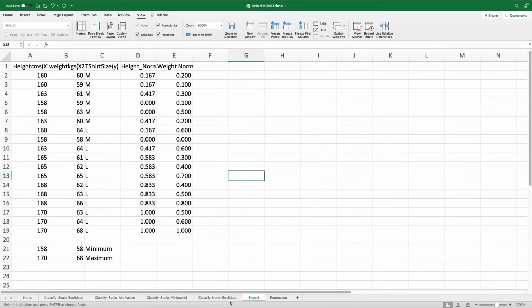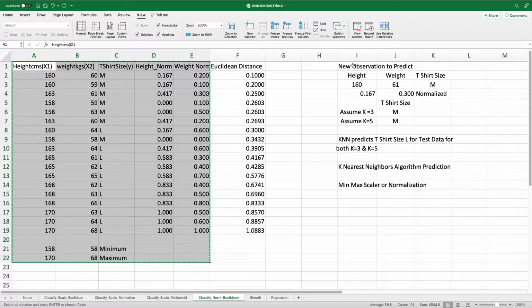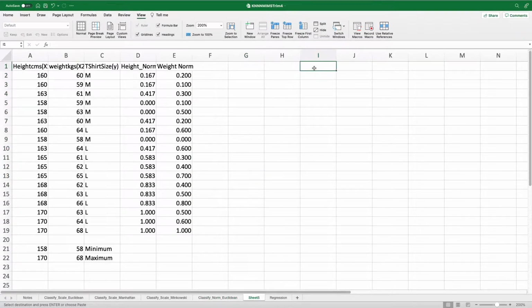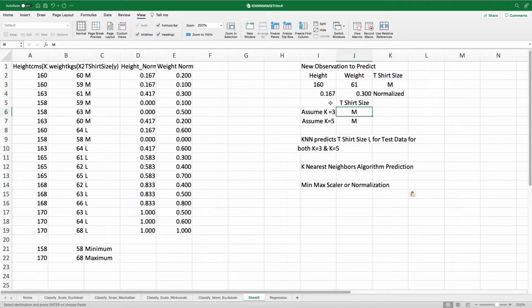And then we will also take the new observation prediction, Control C, and paste it here, Control V, and we will remove the values. Oh, normalization values are same, right? Normalization values will not change.